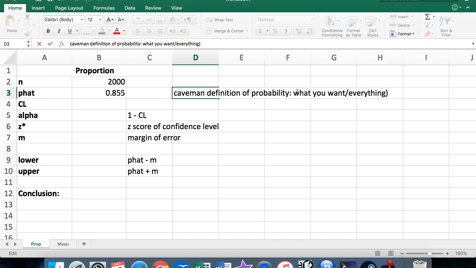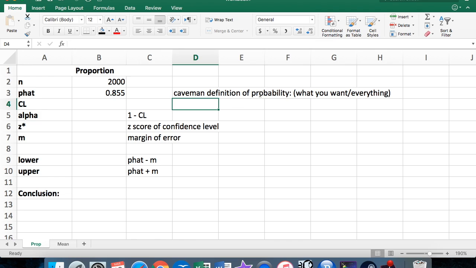So here, we want all the students who have financial aid. Well, that was the 1710 it said, right? And then what's everything we're looking at? Well, that's all of the people that we're studying. In fact, that means it's our n, right? So it would just be your 1710 divided by your 2000.